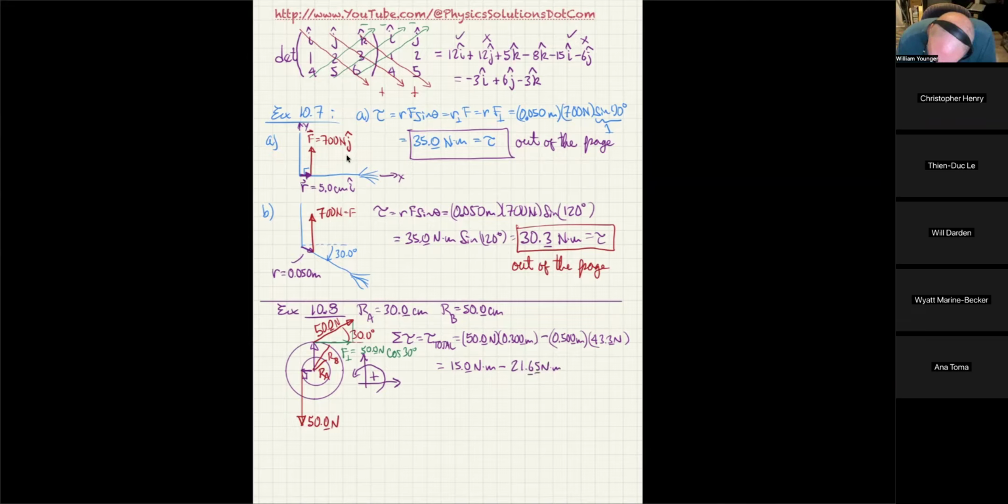We really only had two sig figs, so it's not fair to say that. So this result is negative 6.65 newton meters, and that 5 is not a sig fig. So that's my torque right there.